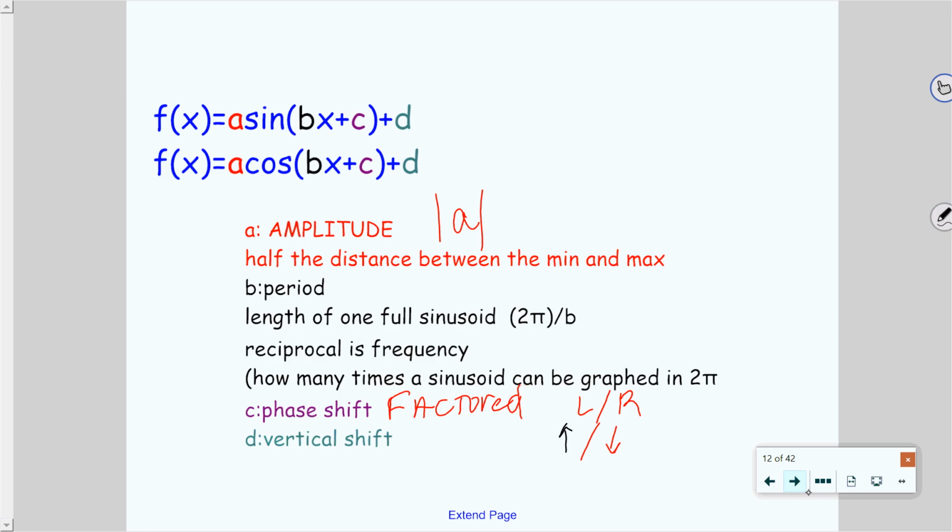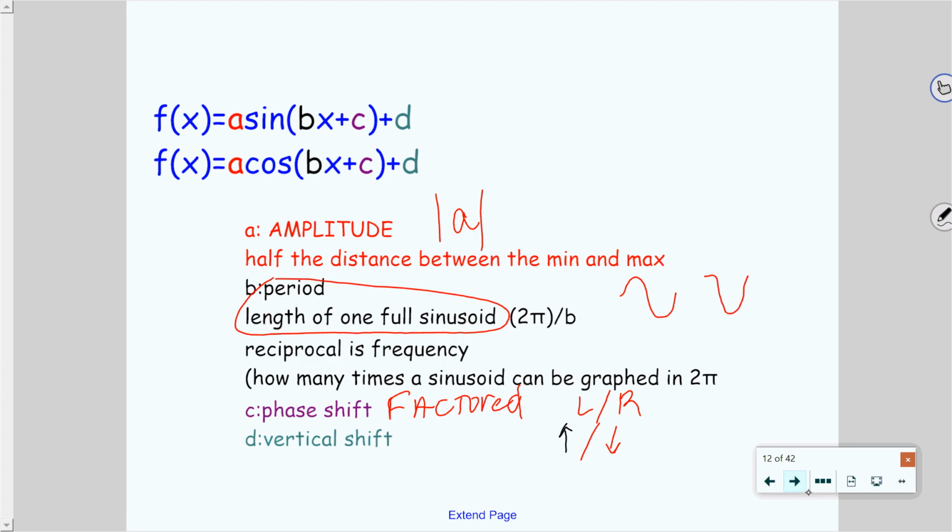B is going to help us find our period. So our period is the length of one full sinusoid. So a sinusoid happens with one trip around the unit circle. So this is a period of a sine or cosine graph.